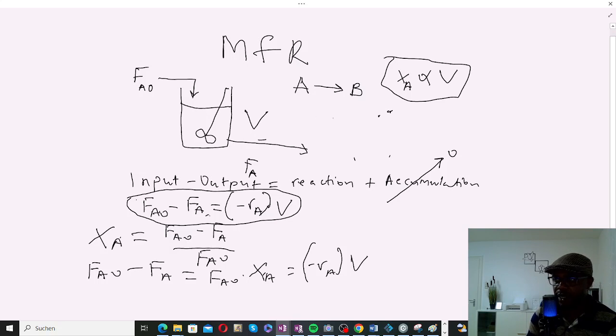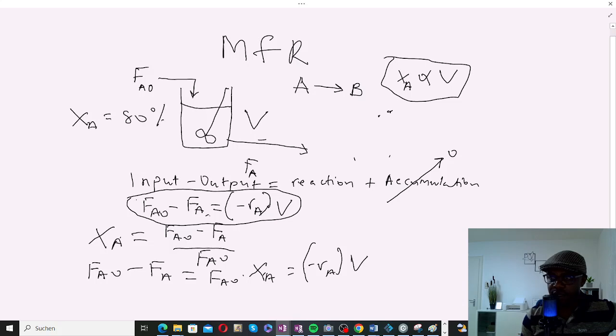So you can see that for this mixed flow reactor, the conversion varies as the volume of the reactor. The larger the reactor, the larger the conversion, and vice versa. And what it means is that if the company, for example, has fixed a conversion, let's say 80%.